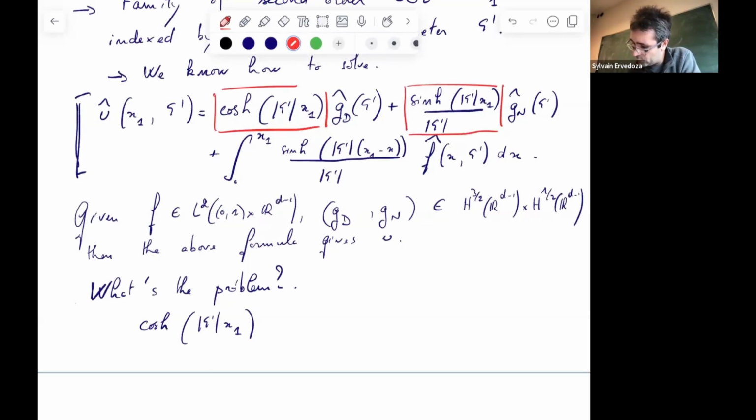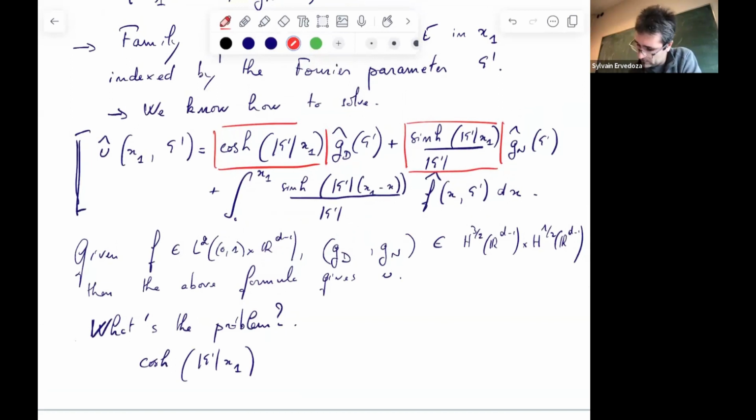I should remember that cosh of z is exponential z plus exponential minus z over 2. And hyperbolic sine, I know that maybe the notation is not completely standard, so let me just write it somewhere. Sinh of z is exponential z minus exponential minus z over 2.